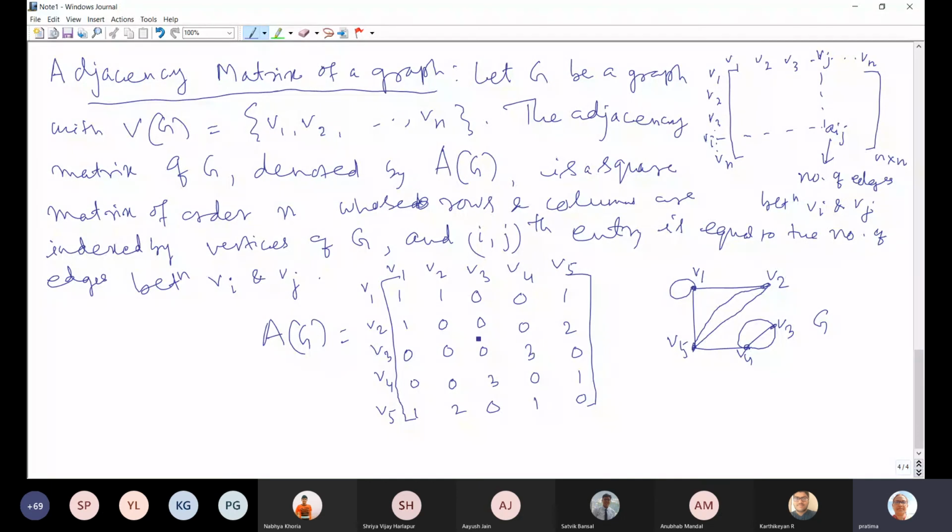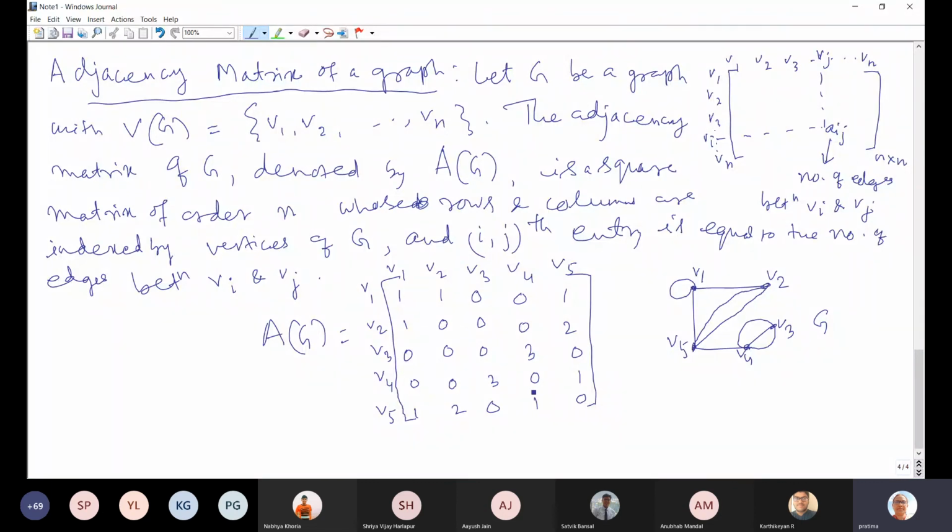See here, this adjacency matrix is always a symmetric matrix, because we are not considering directed edges. For digraphs, the matrix will not be symmetric, but for any undirected graph, the adjacency matrix is always symmetric.